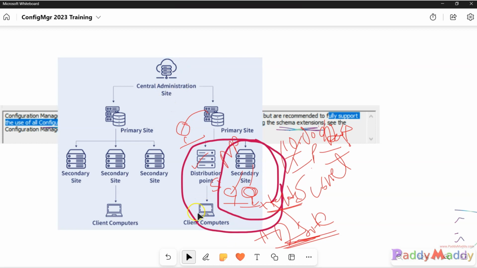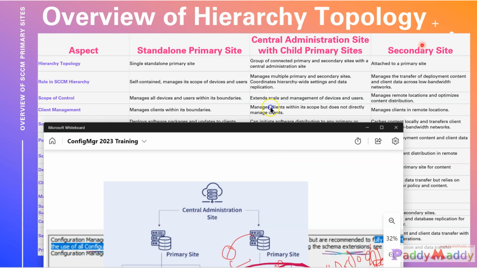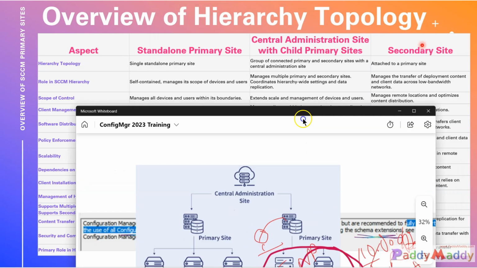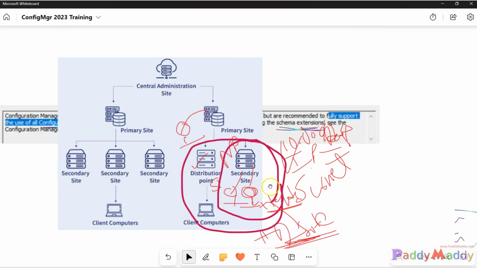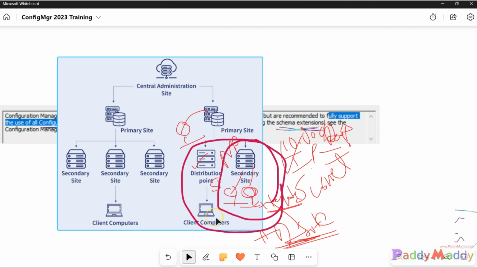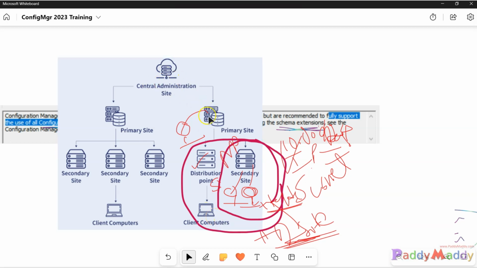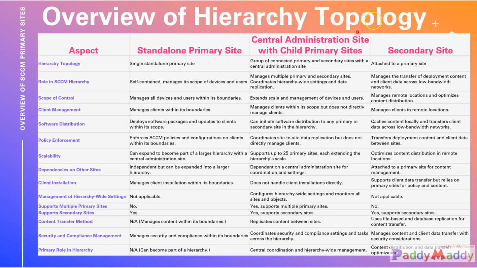The client will download the notification from its management point, and then it will trigger on that Sunday, at that specific time, and as per this policy, it would trigger that software. But for that policy and content to reach the client, the data has to be replicated from top to down. That is the site-to-site data replication. Okay, so this is what's going to happen.